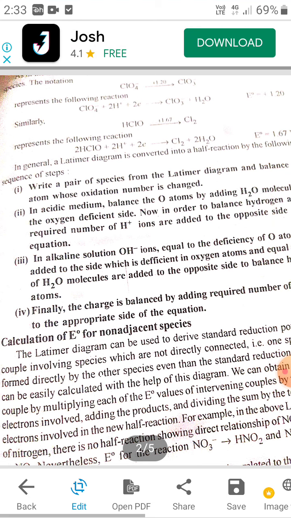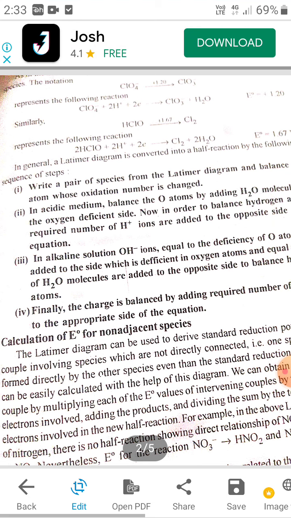Similarly, we have another reaction for chlorine in which ClO4 minus forms ClO3 minus, then it forms ClO2, then HClO, then Cl2 and then Cl minus.